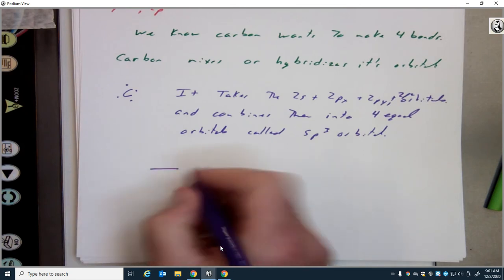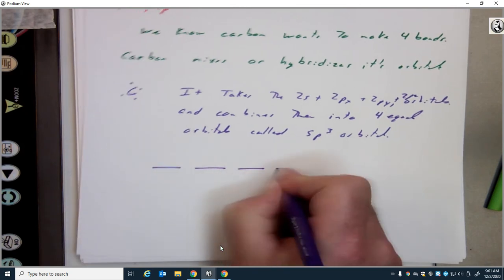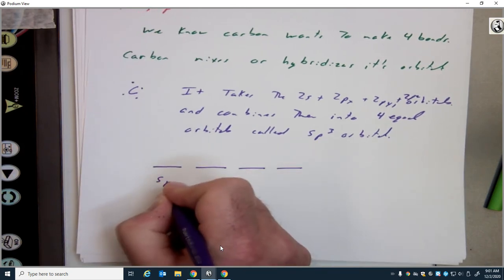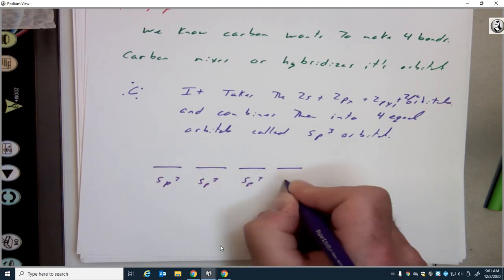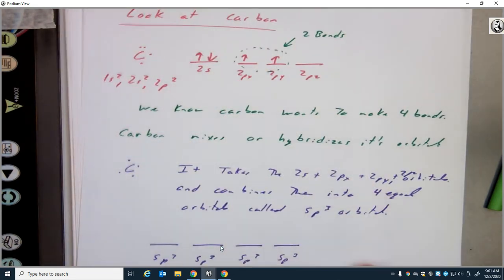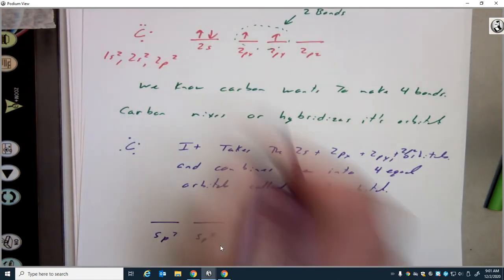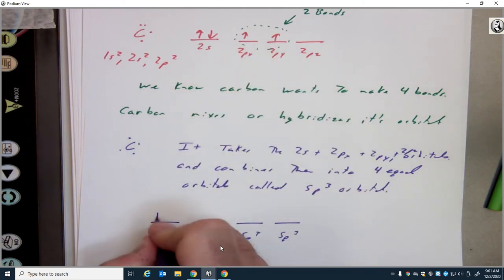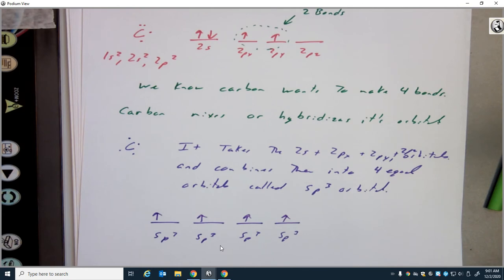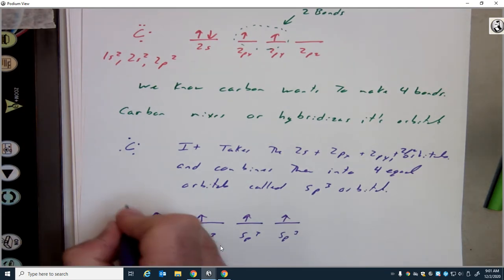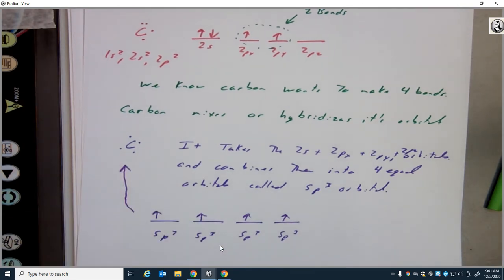And they're called sp3, sp3, sp3, sp3. Now, it still has these 4 valence electrons, but instead of up, down, up, up, now we would have up, up, up, up, which corresponds to that.